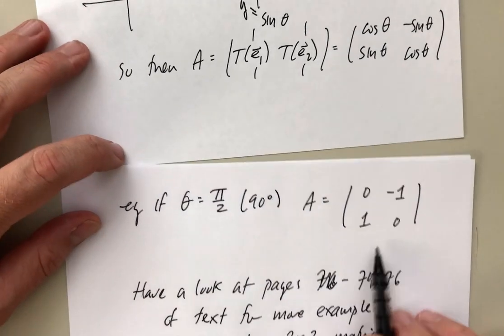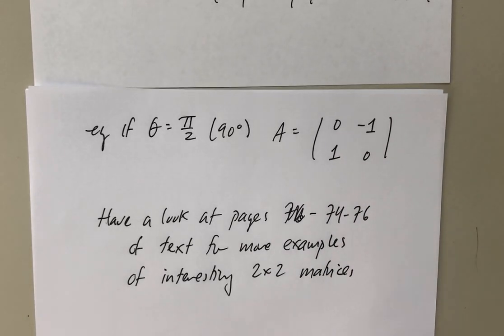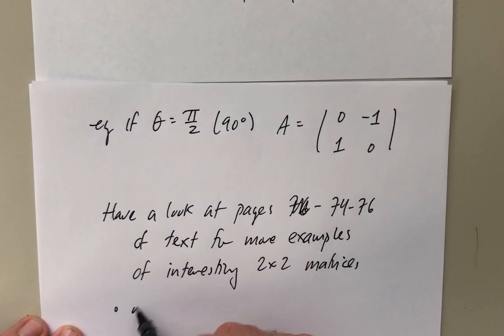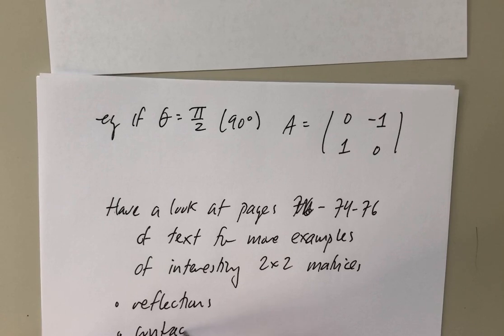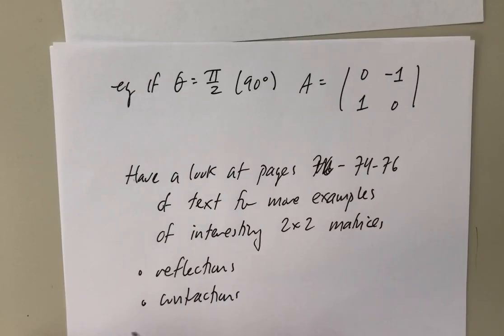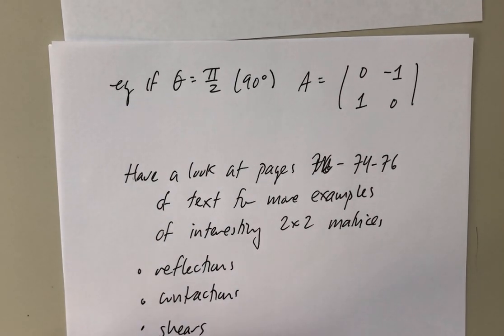What we saw here is how to rotate by theta degrees. In your textbook they give you examples of different things you can do. In terms of reflections, they talk about reflections, contractions, what are called shears, and then I think the last thing is going to be projections.